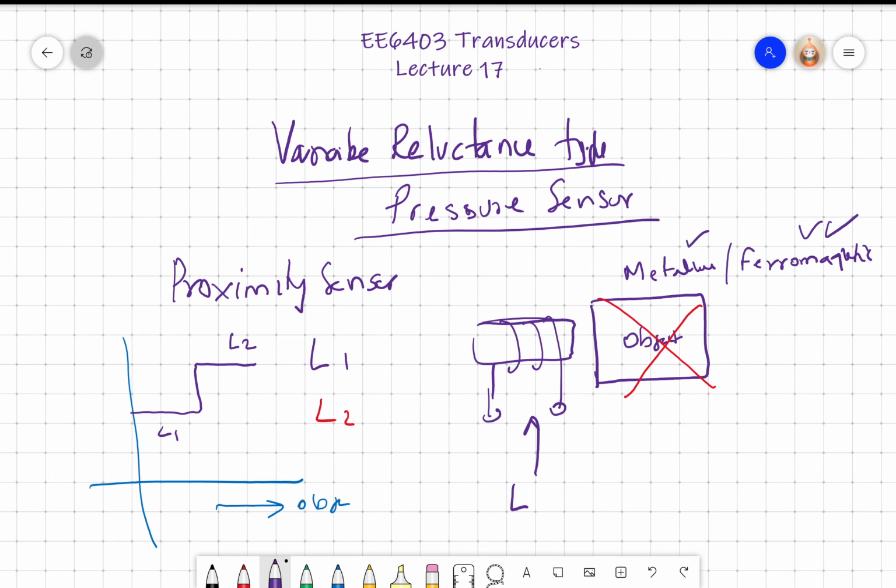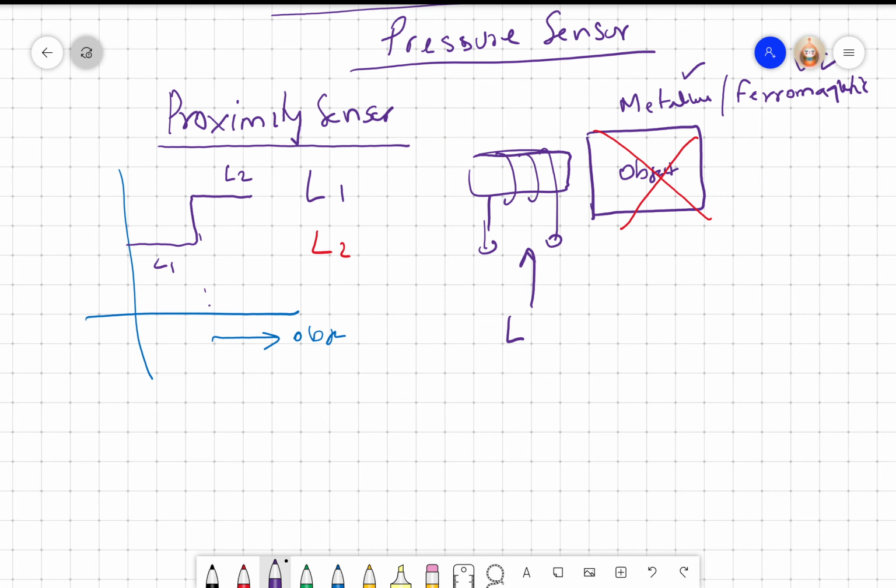Sometimes when the object is present, inductance actually reduces, especially for highly conductive objects, but there would be a distinct difference. So one way is to sense this and say whether there is an object present or not. Such a sensor is called the proximity sensor, and the inductive type proximity sensors are quite popular.